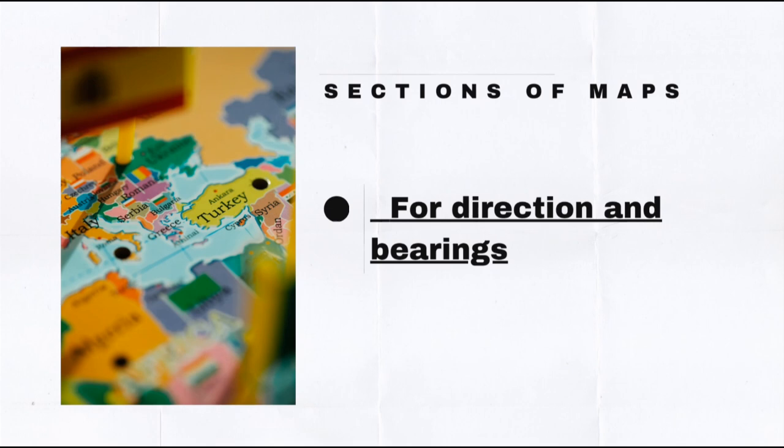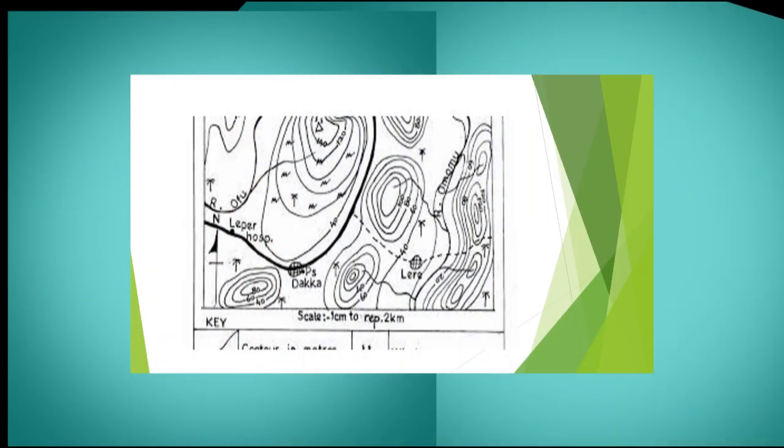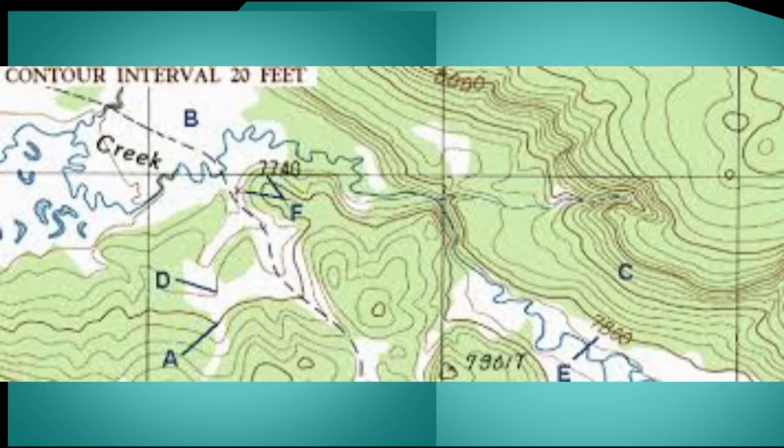They must be good for finding directions, bearings, and other strategic locations, especially in time of battle or wars. So they are very handy for military strategic studies as well as planning.